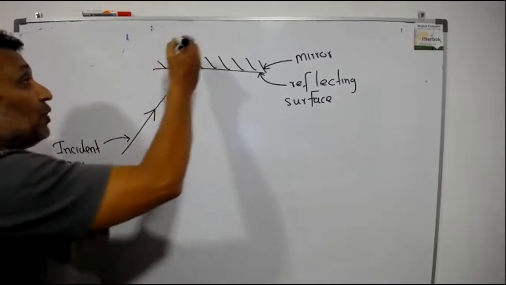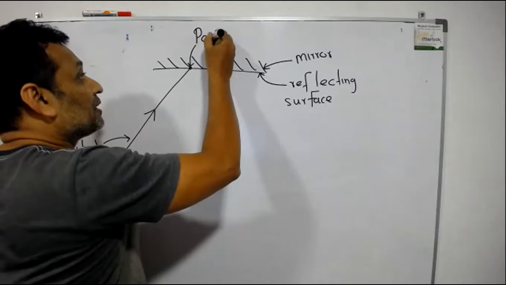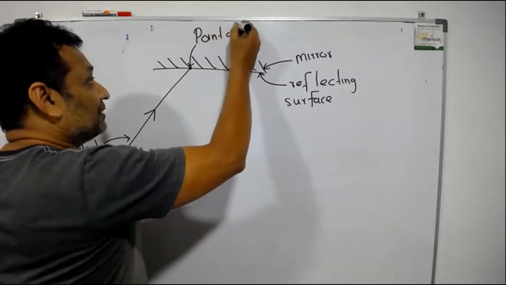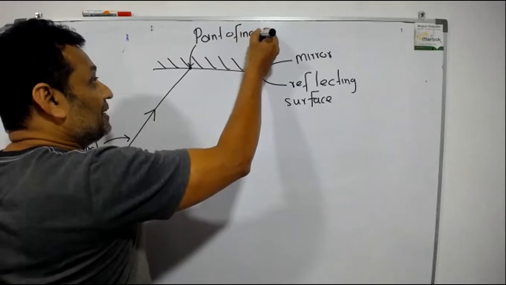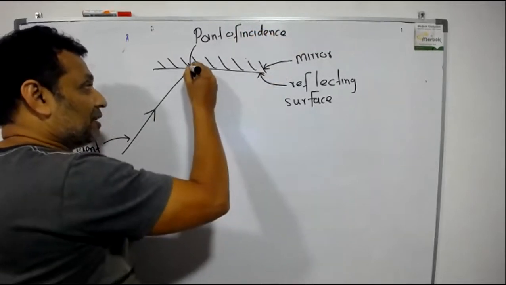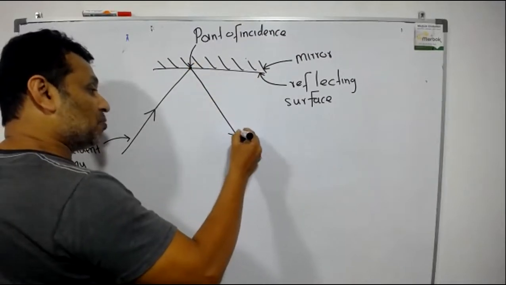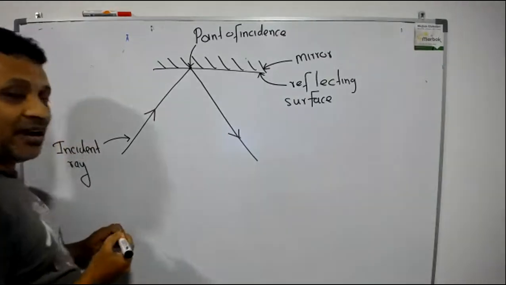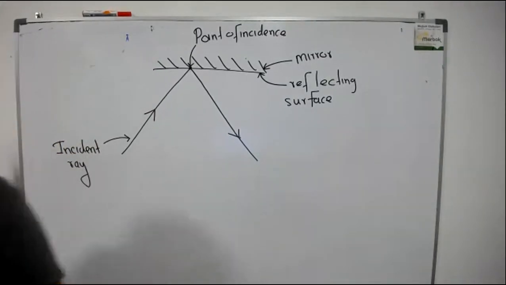It is called point of incident. Point of incident. After reflection, the light ray is moving this way. Am I right?